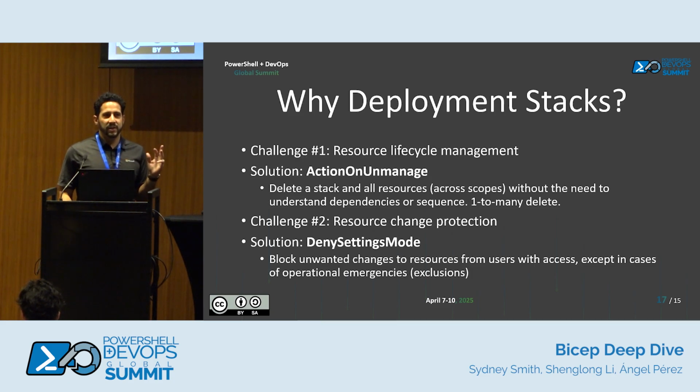The first challenge of lifecycle management, of having to go and redeploy an environment or tear down an environment, and sometimes that being per scope and being a more taxing operation than it should be. That's going to be something that you can address with what we call action on unmanaged in deployment stacks.